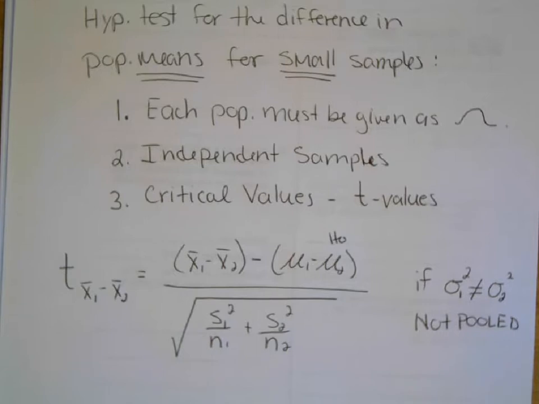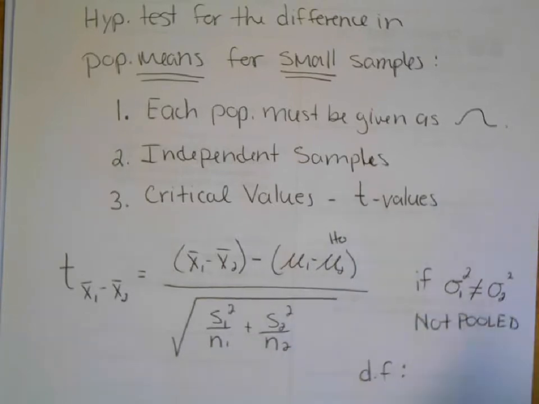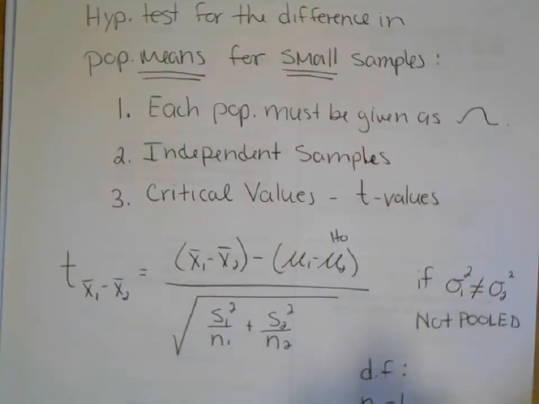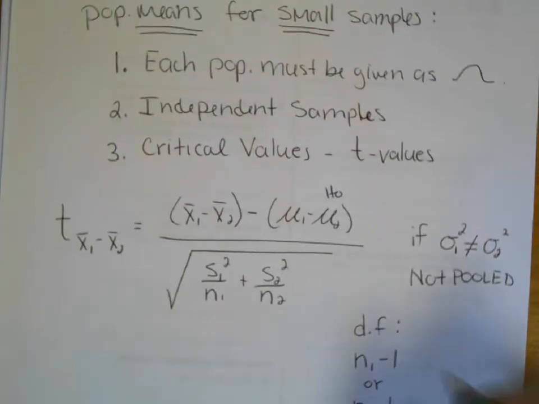And remember, when we read the T-table, our vertical column is degrees of freedom. And it's always been, what has been our degrees of freedom? N minus 1. Well, we've got two sample sizes going on here. So, degrees of freedom is either going to be N1 minus 1 or N2 minus 1, whichever one is the smallest.